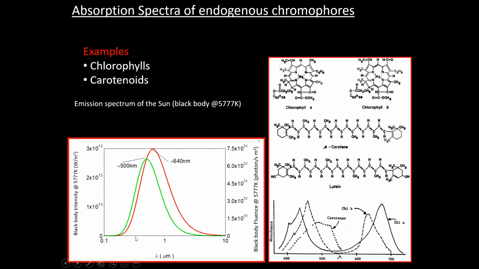The visible range is here, below 1 micron. You remember, it is below 700 nanometers and above 400. So the visible range is here. This is the infrared range. So the light that is emitted by a black body like the sun in the infrared is not much. And you see that the absorption is peaked at 500 nanometers.